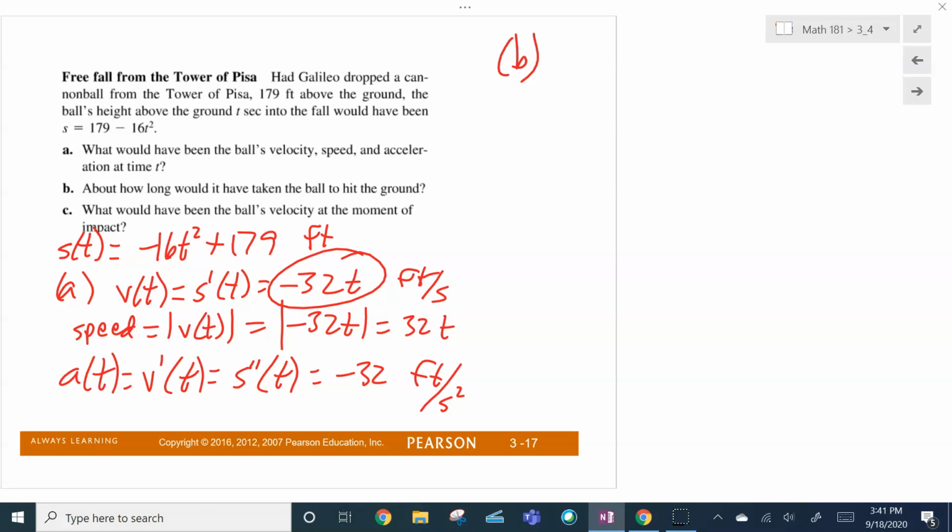Part B, about how long would it have taken the ball to hit the ground? Well, it hits the ground when your position is 0, right? If your position is 10 feet, you're 10 feet high in the air. If your position is 0, you hit the ground. So when does the position equal 0? When does it hit the ground?